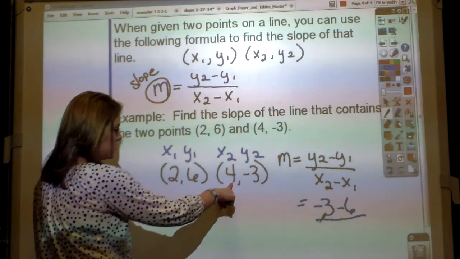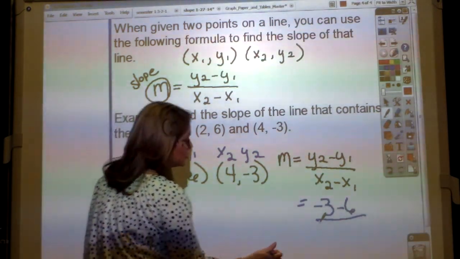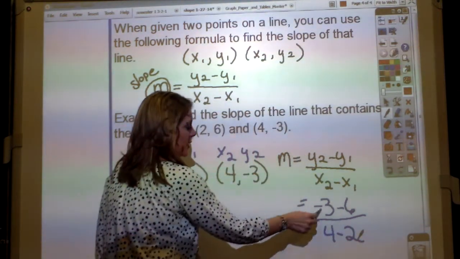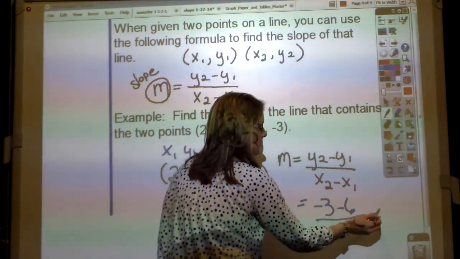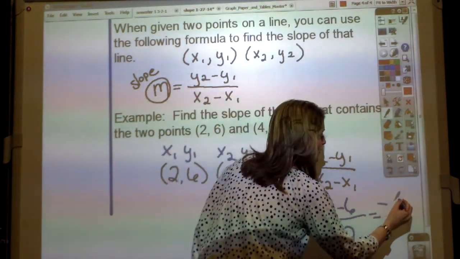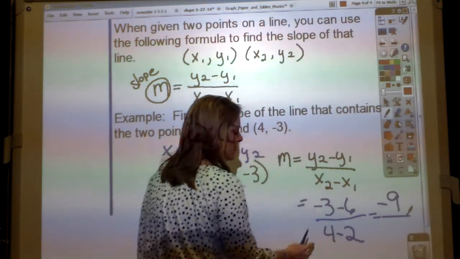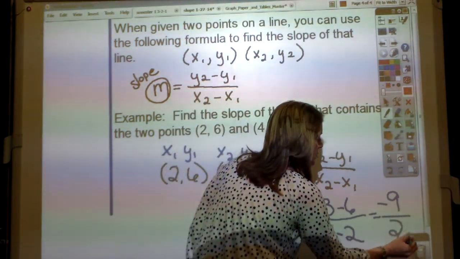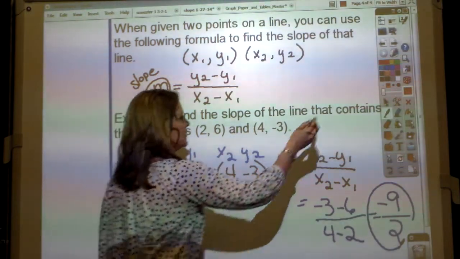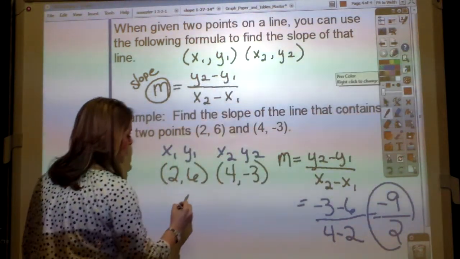So x2, which is 4, minus x1, which is 2. So we're going to go ahead and do the math. We're going to look at the change in y's. Negative 3 minus 6 gives me a negative 9. And 4 minus 2 gives me 2. So our slope here is negative 9 over 2.